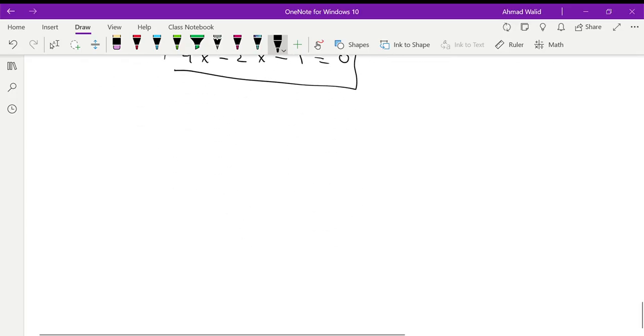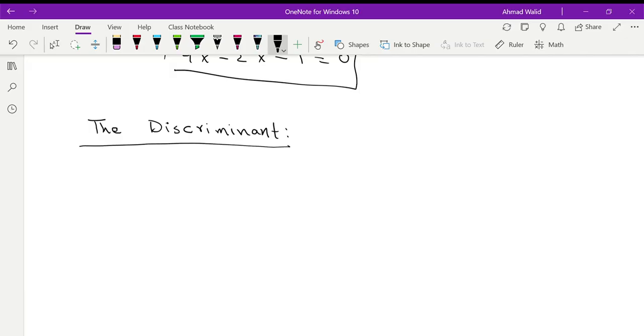Last topic of this section, actually this lecture and also this section 2.1, is the discriminant. What is discriminant?